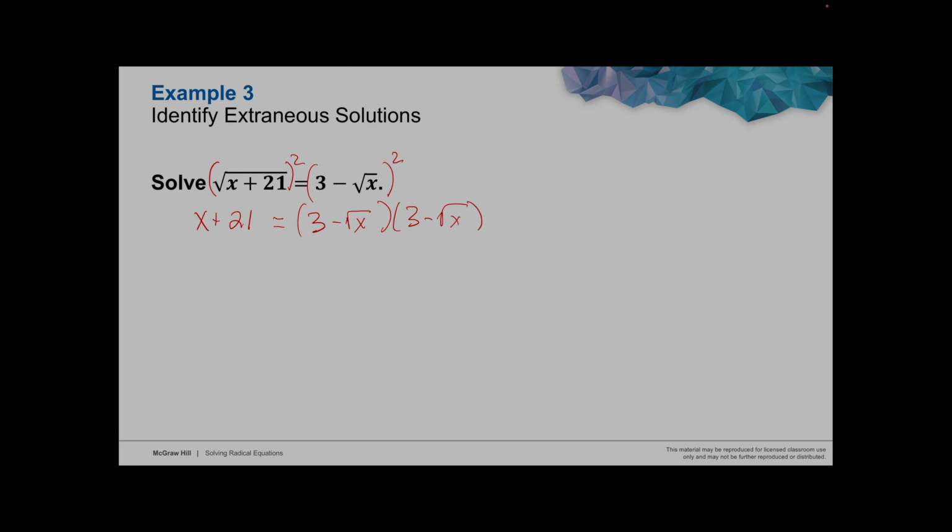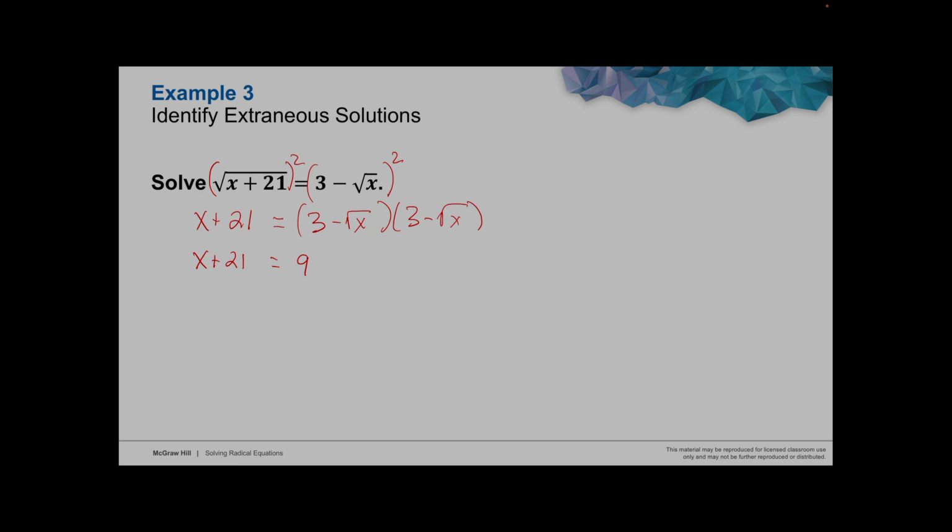So we got x plus 21 is equal to 9. 3 times 3 is 9. We've got minus 3 radical x minus 3 radical x. So that's minus 6 radical x. Does that make sense?